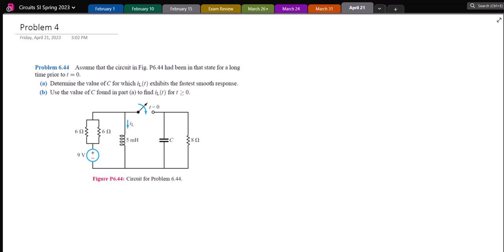On this last problem, it says determine the value of C for which iL(t) exhibits the fastest smooth response. So fastest smooth response means critically damped. Critically damped means alpha equals omega naught. Now this is parallel.